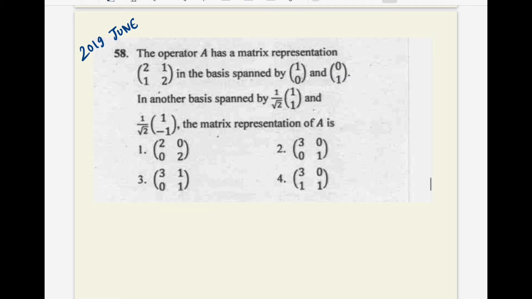Okay, so we know that by similarity transformation we can go from one basis of representation to another basis of representation.